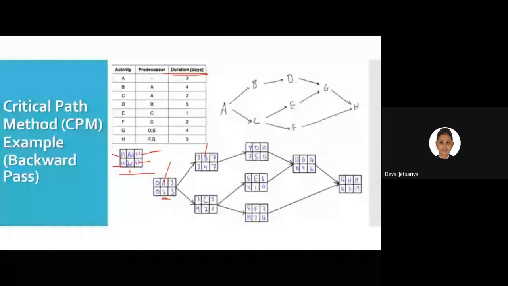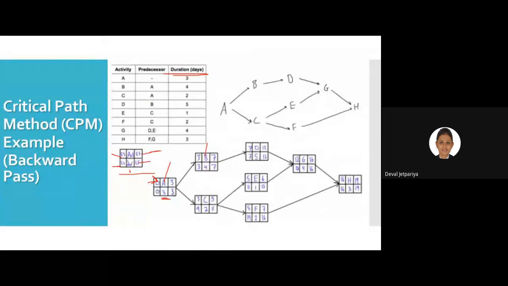So that duration we are writing over here. Now as A is the first activity, the start time of A is 0. So 0 plus duration, that means ES plus duration, will give you the detail of EF. So in every box we'll have detail of EF with us.